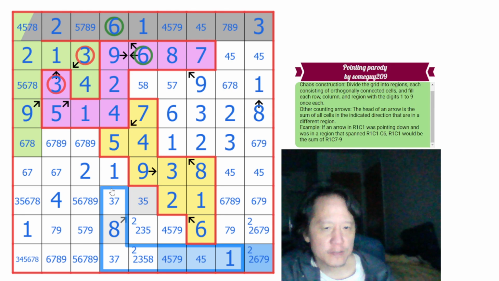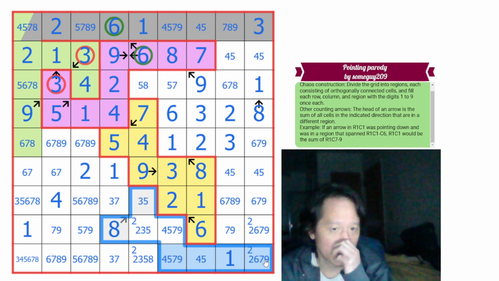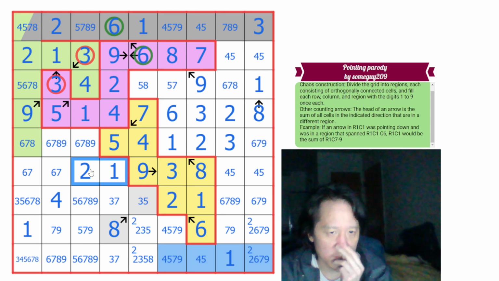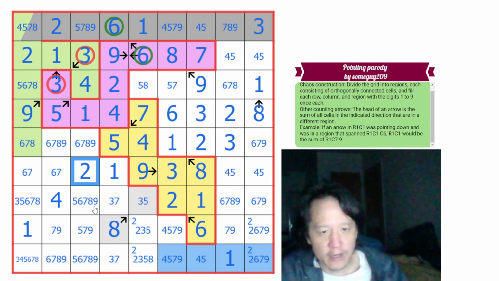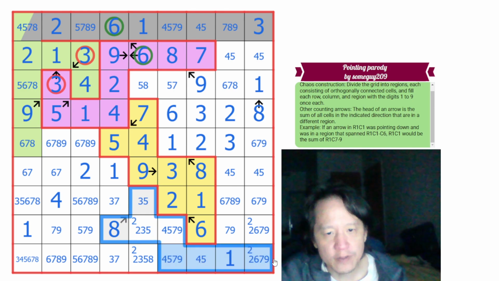Can this be the same? No. I mean, 1, 2, 3, 4, 5, 6, 7, 8. The problem is you have 2 separate regions, and that just wouldn't be big enough, I don't think. Right.